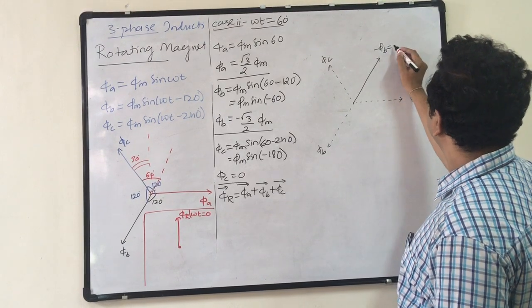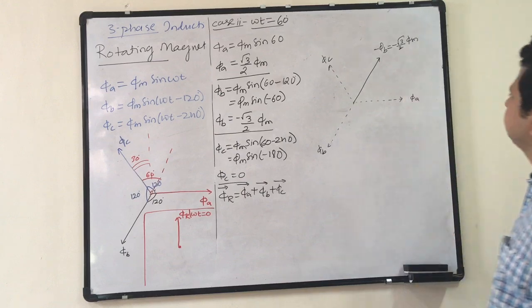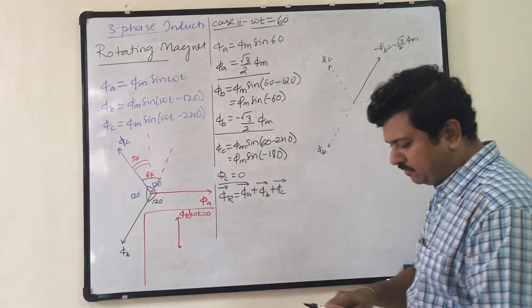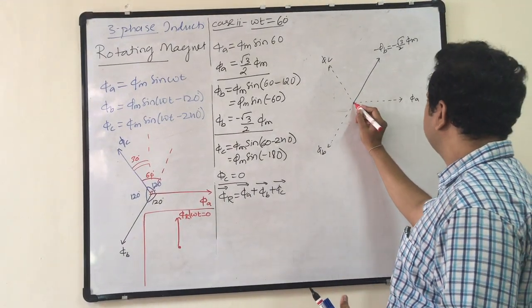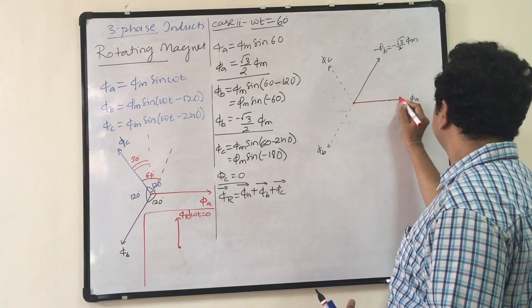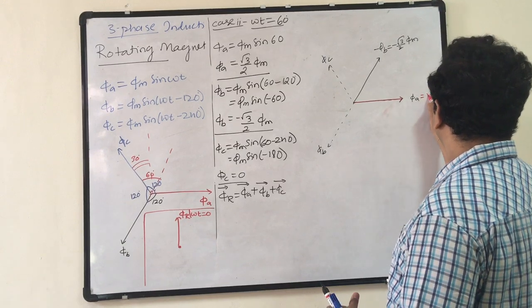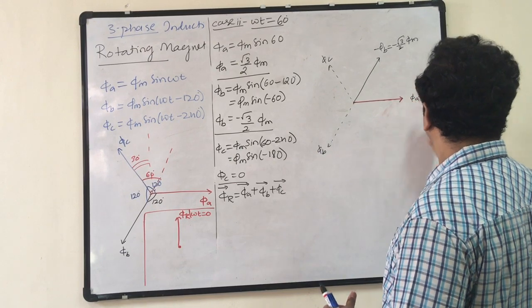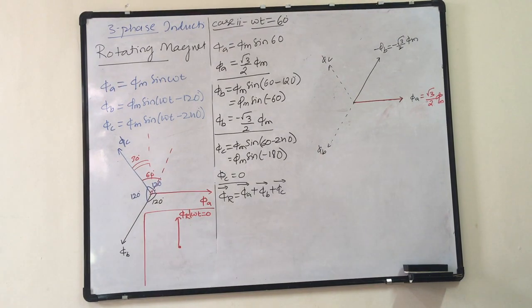Phi a is plus root 3 by 2 phi m, at its original position, since it is positive.